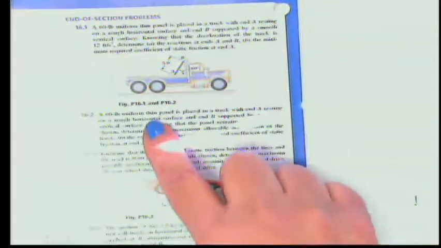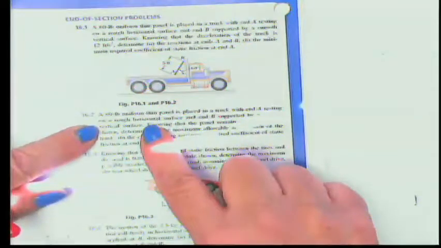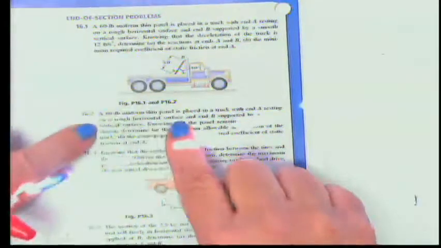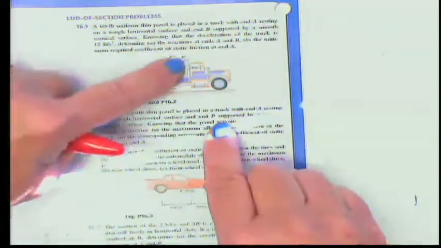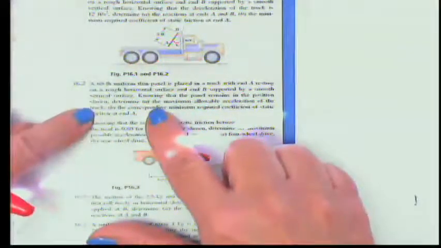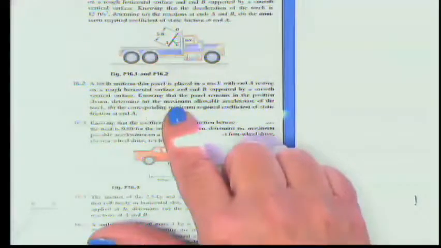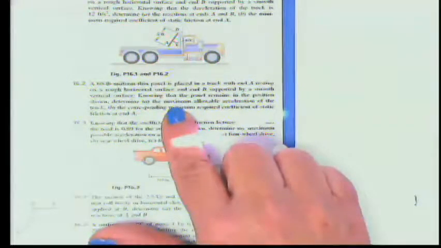All right, in part 2, we have a very similar problem where we have that uniform plate. We have a rough horizontal surface and a smooth one up above, and we know that the panel remains in position. Okay, that means it's not going to rotate at all. So we're going to determine, this time, the maximum allowable acceleration. In other words, if we go too fast, the plate's going to slide down.